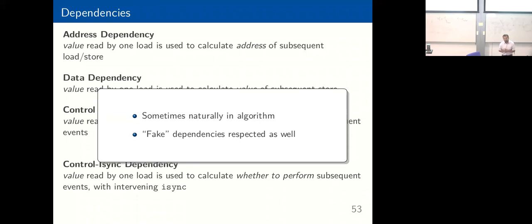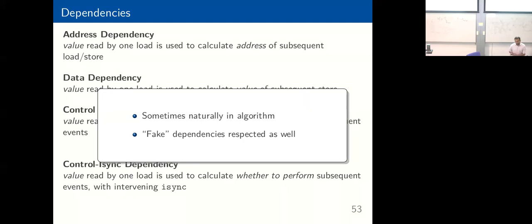What do I mean by that? For example, if you read a value and XOR it to itself, that's a favorite example of the hardware folk. Then that's 0. And if you then try to store that value somewhere else, in principle, only the value 0 is ever going to be used ever after.